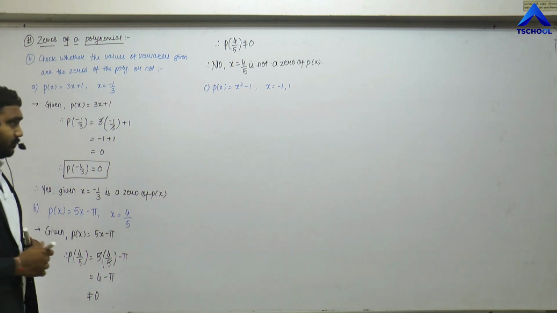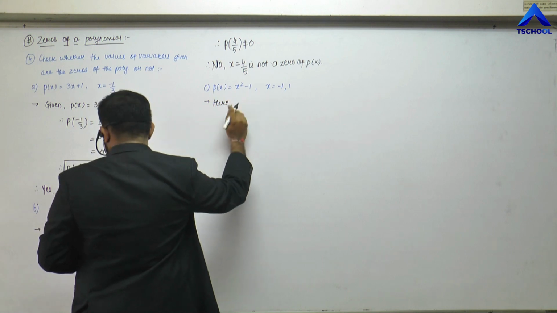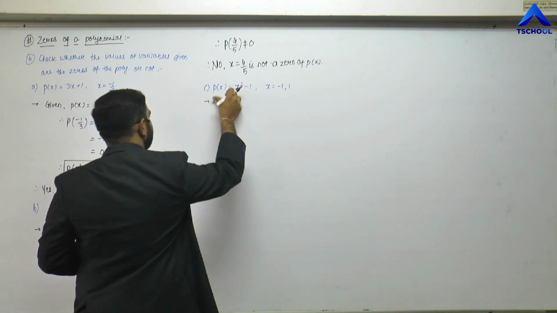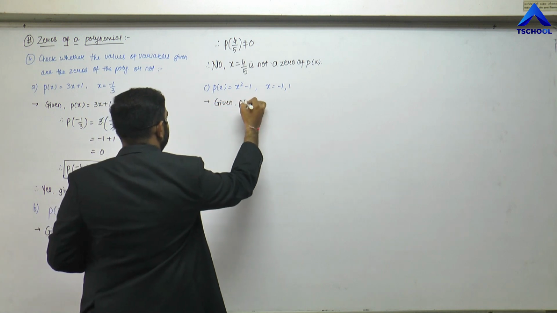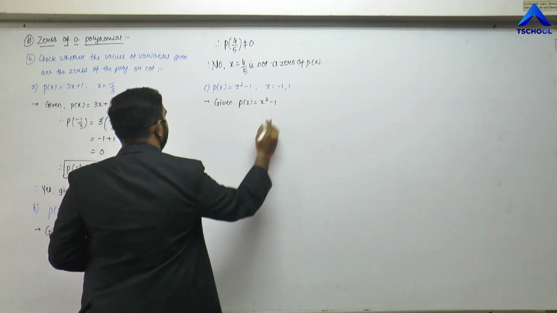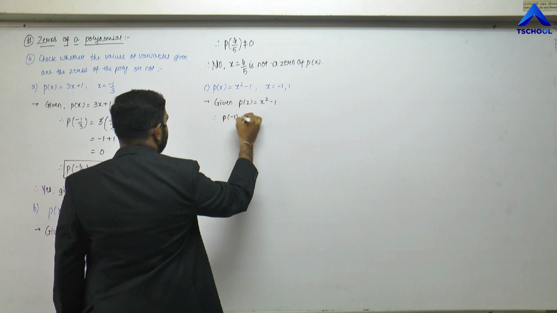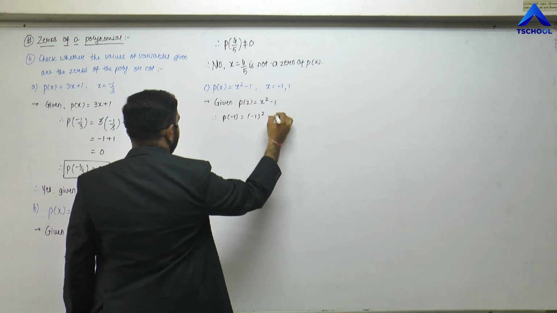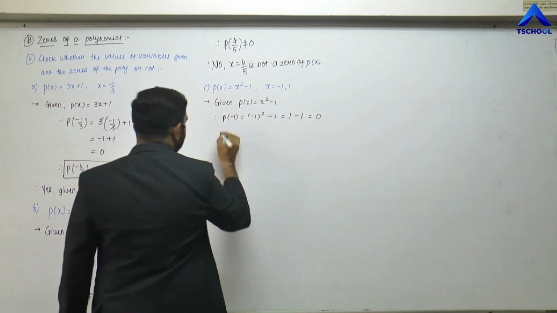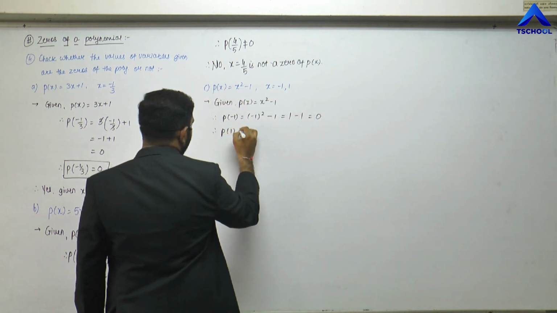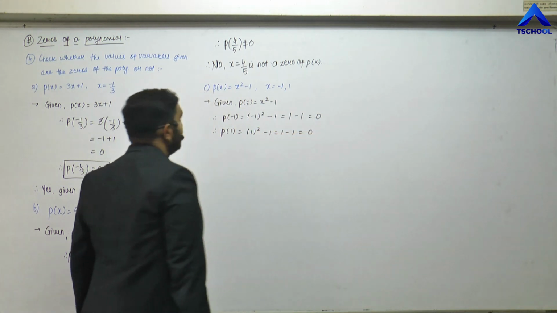Okay, let us see this here, given p of x is equals to x square minus 1, therefore p of minus 1, that is minus 1 square minus 1. What is minus 1 square? 1 minus 1, which is equals to 0, and therefore p of 1, that is 1 square minus 1, that is 1 minus 1, which is again 0.